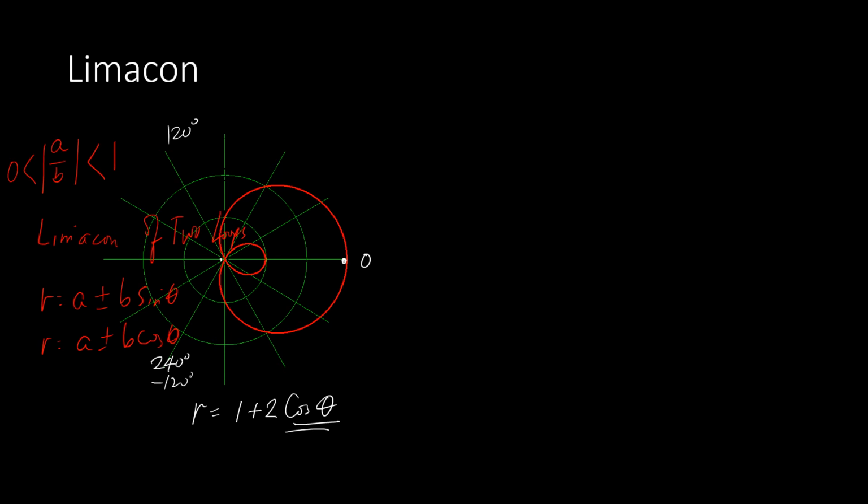So the angle is 180, but since r is negative, it is at the opposite side, and that will be the point. Alright? So again, the big loop is generated from negative 120 degrees to positive 120 degrees, while the smaller loop here is generated from 120 degrees to 240 degrees, where r is negative.